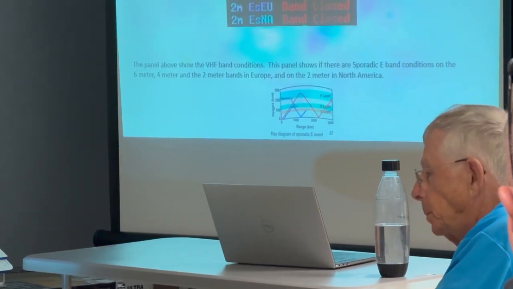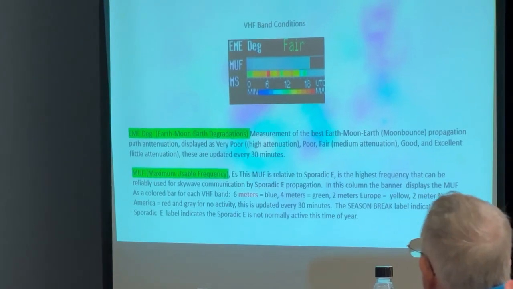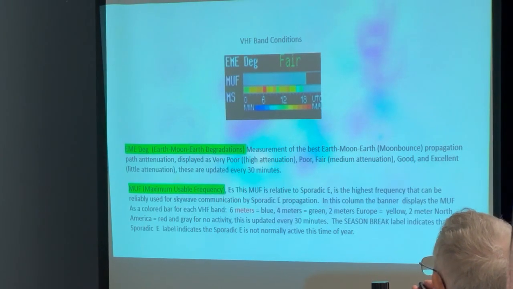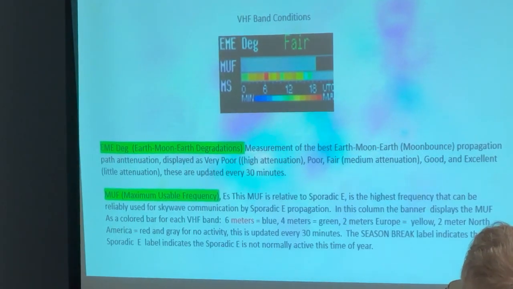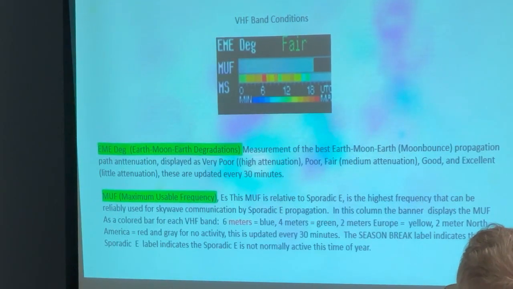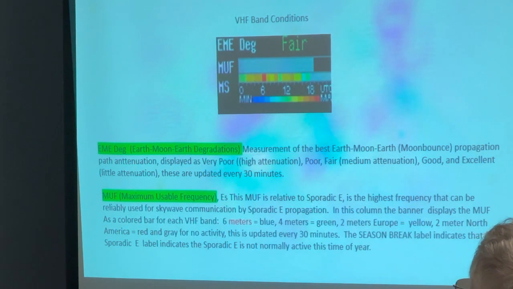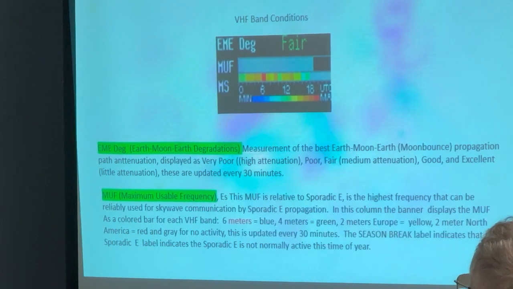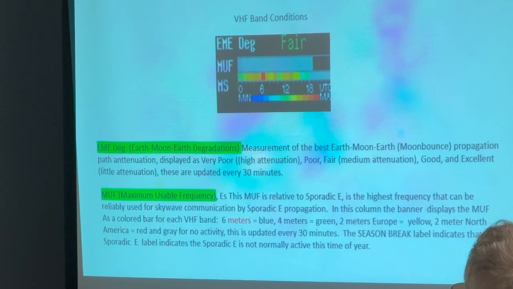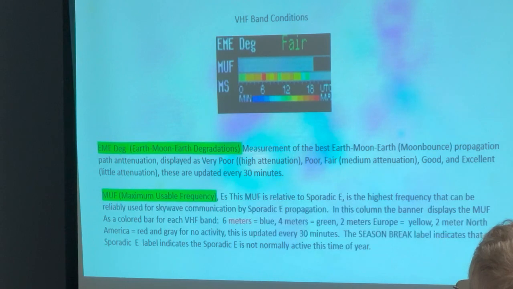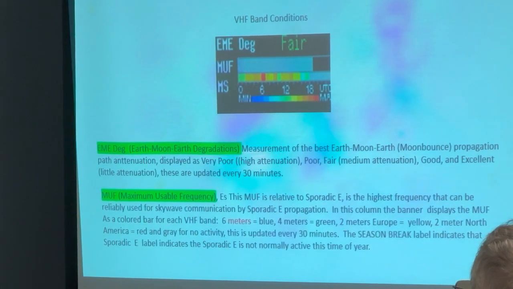Okay. Great, thank you. Then another section of the chart, your VHF, and then they have your maximum usable frequency. This is for Earth-Moon-Earth degradation. And this measures how well the path works to the moon.